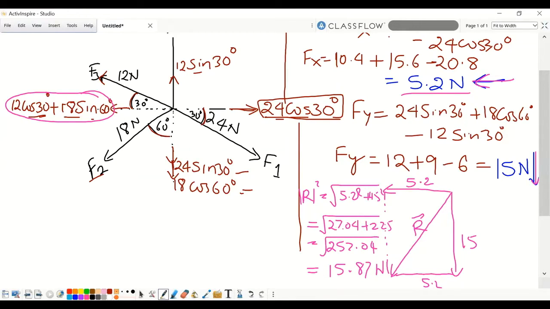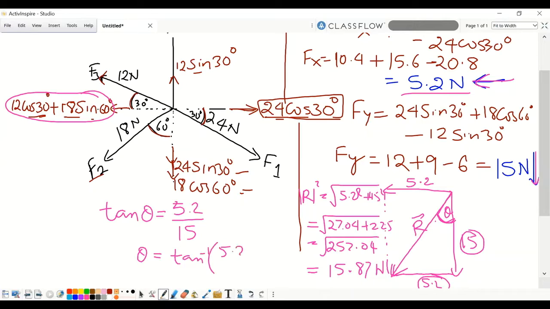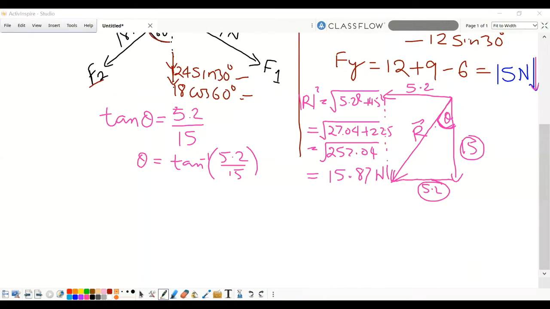But additionally, let's do something more. Let's find the direction of the resultant, so we'll find this angle. We can use 5.2 and 15 and tan theta to find the direction. Tan theta equals 5.2 over 15. So theta becomes tan inverse of 5.2 over 15, which is 19.12 degrees.